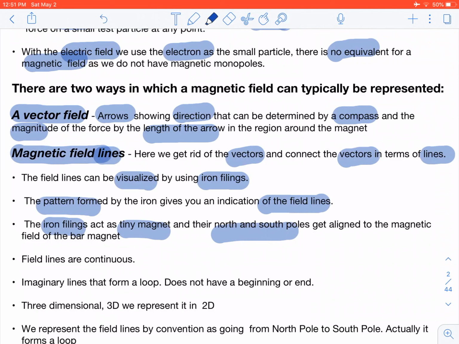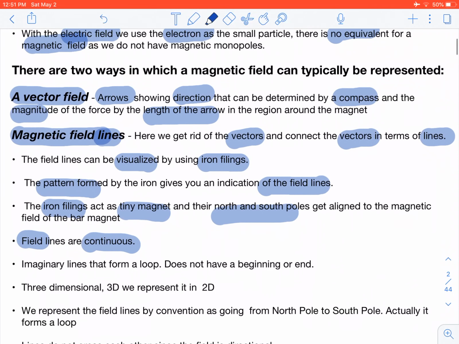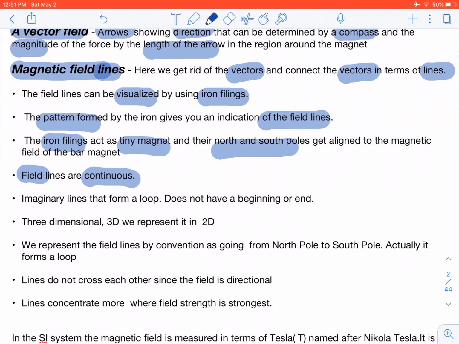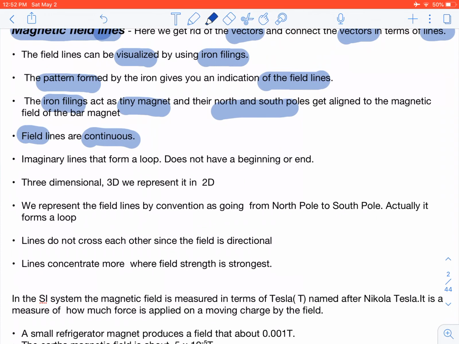Also, magnetic field lines are continuous, right? And what I mean by that is that they don't stop from the North Pole going to the South Pole, they are continuous. I'll show you this as we go on. And then there are imaginary lines, firstly, that form a loop.